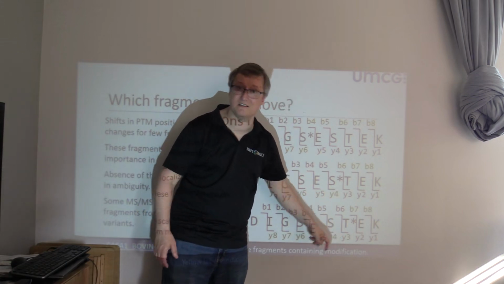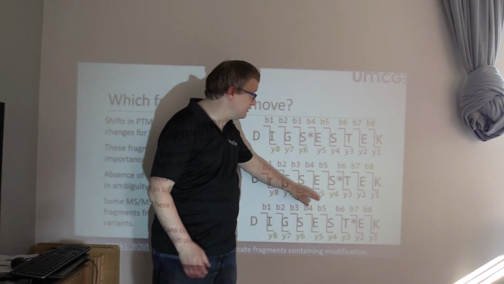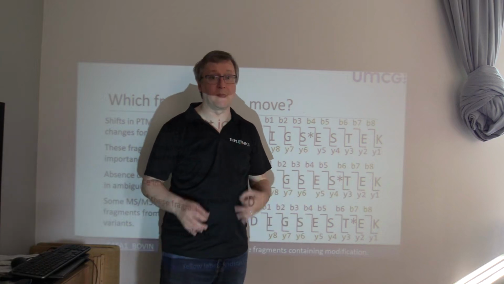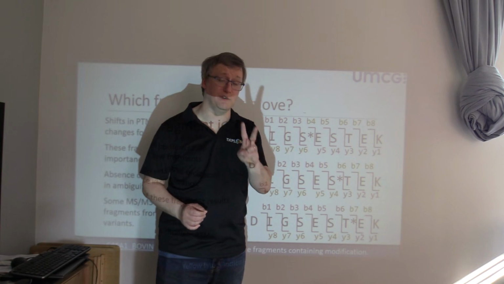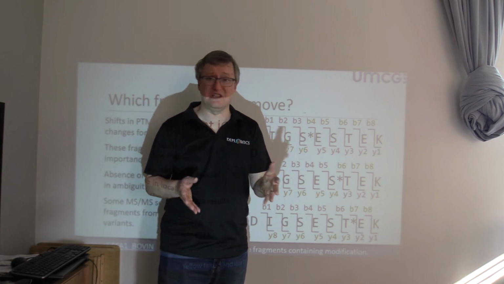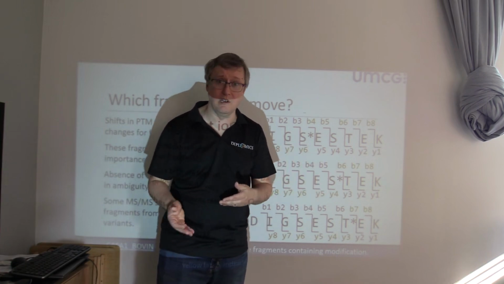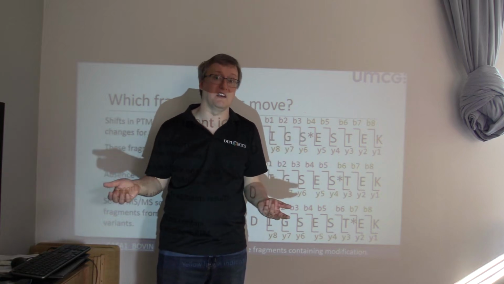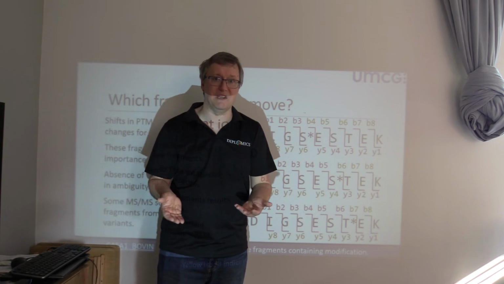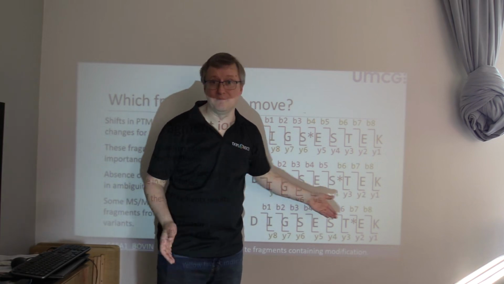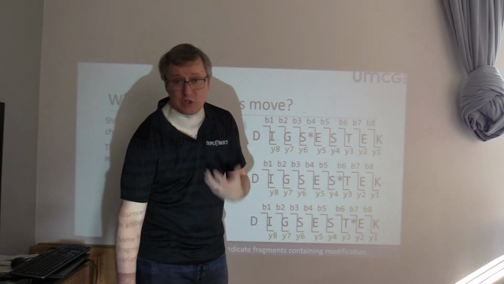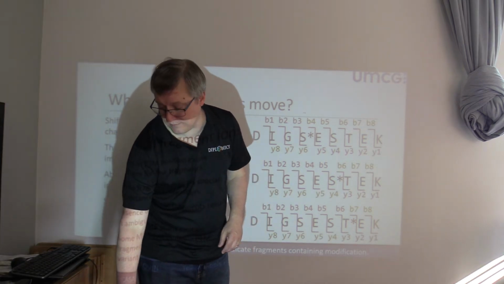In this case, it does. So if you're trying to evaluate, does this spectrum represent this peptide or this peptide, you have a really big challenge because only 2 fragment ions could possibly tell you whether it's here or there. And it's quite frequently the case that these fragments just go missing. So if it's absent from the MS-MS, you have no ability to discern whether it's this peptide or that one. This is the challenge of localization.